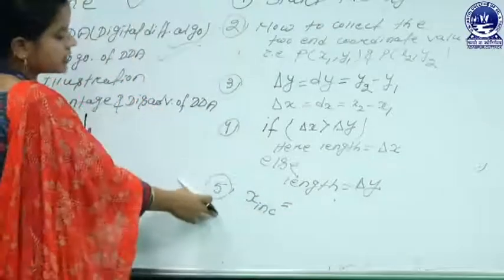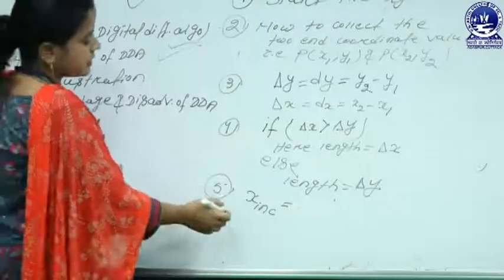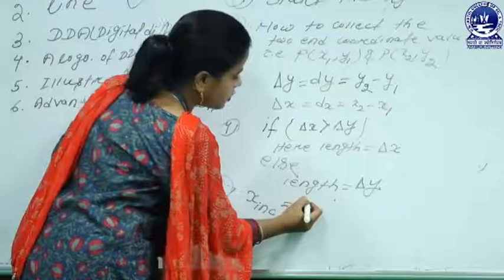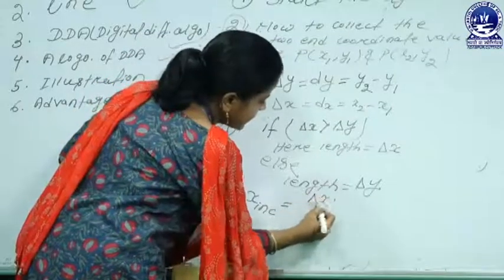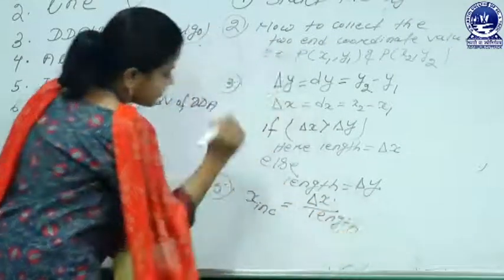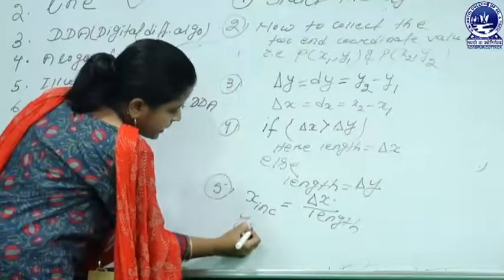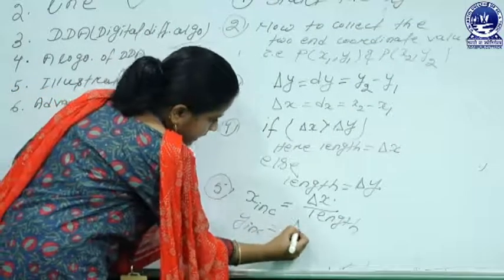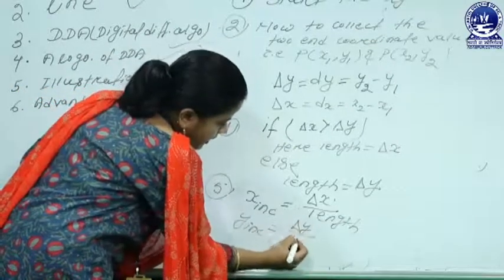Now to calculate the x incremental value, x incremental equals delta x divided by length, and y incremental equals delta y divided by length.